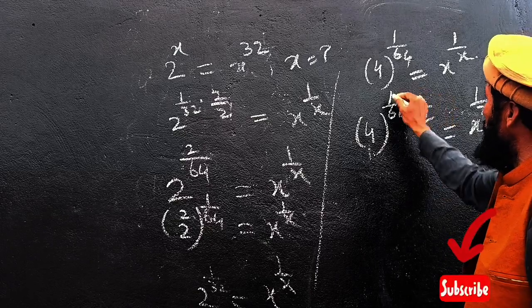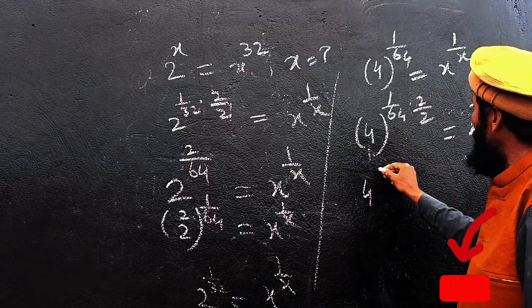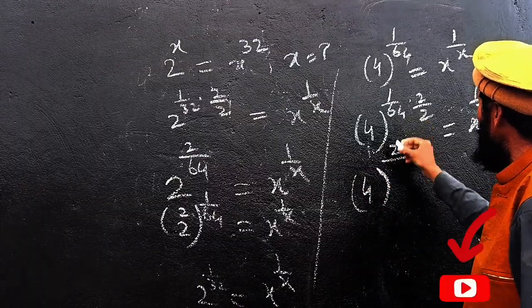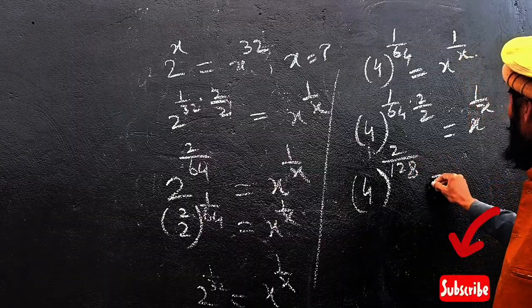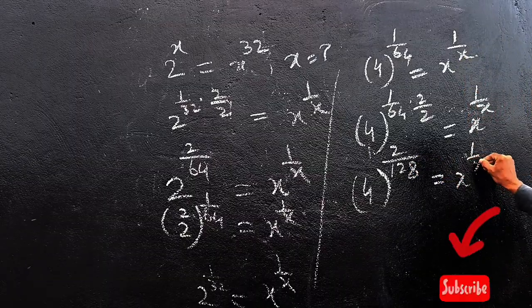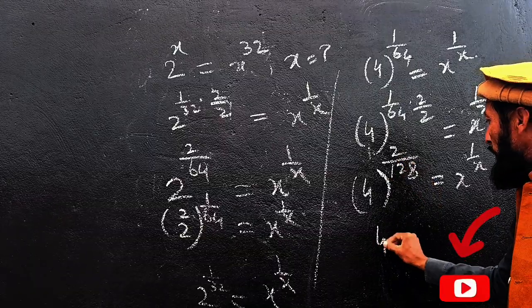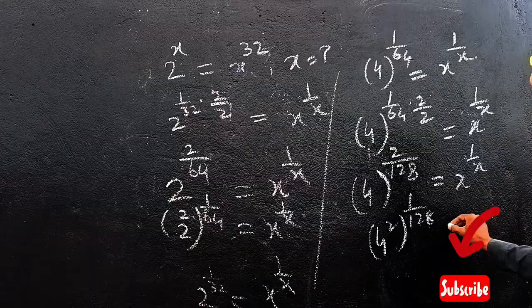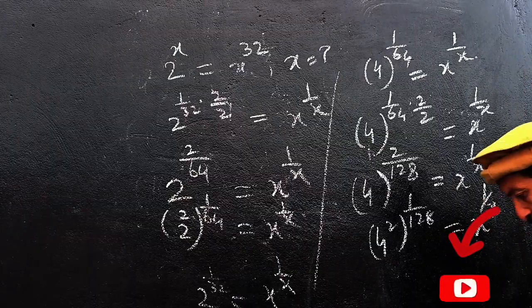So now this 2 is multiplied by 1, so 4 exponent 2, and this will give 1/128 equal to x^(1/x). Similarly, this 4 squared we can write, and whole exponent 1/128 is equal to x^(1/x), with x as their power.